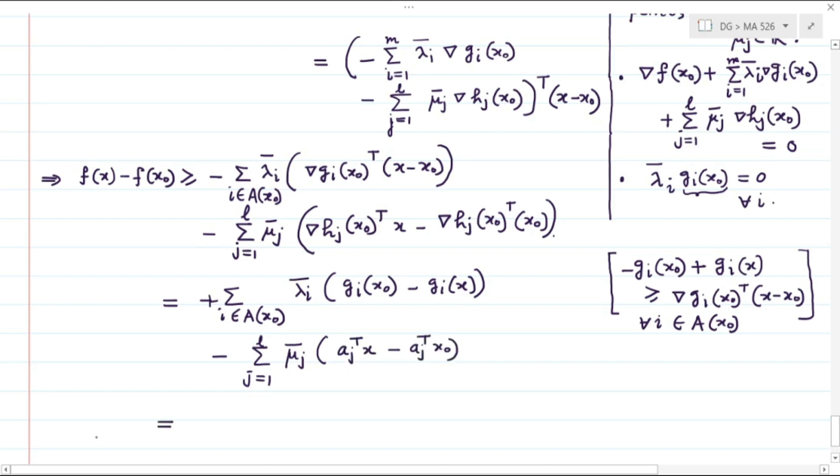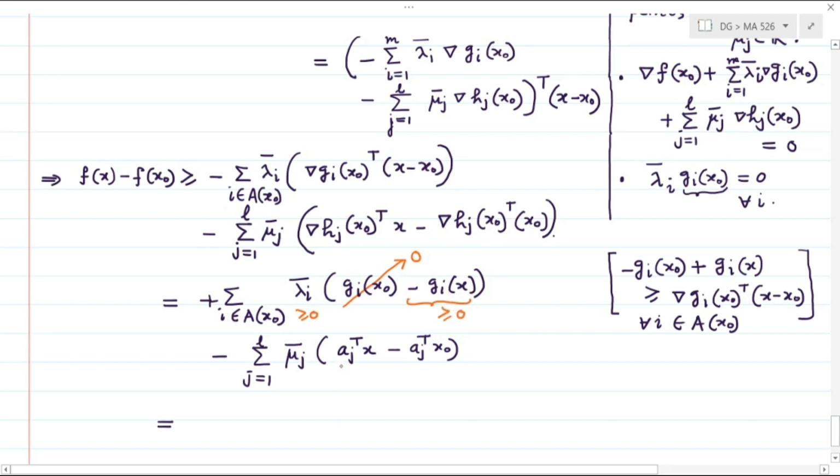Now you note that g_i(x naught), as i belongs to A(x naught), is equal to 0. So what you are left with is lambda i, which is a greater than or equal to 0 quantity, and g_i(x), as x is a feasible point, is less than or equal to 0, and therefore negative of g_i(x) is greater than or equal to 0.